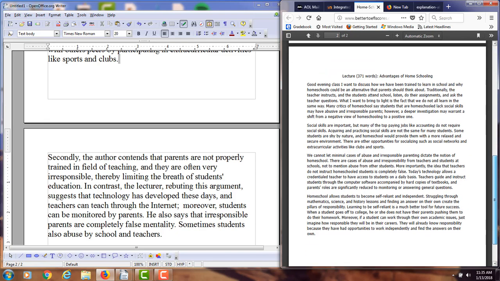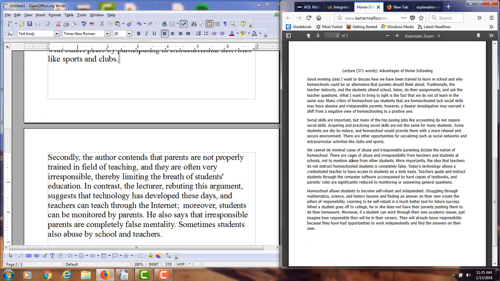All right, let's take a look at what is said here. It says we cannot let minimal cases of abuse and irresponsible parenting dictate the notion of homeschool. There are cases of abuse and irresponsibility from teachers and students at schools, not to mention abuse from other students.